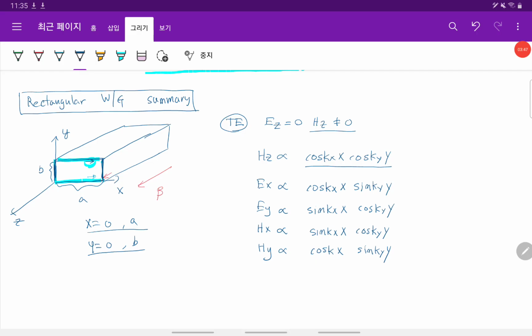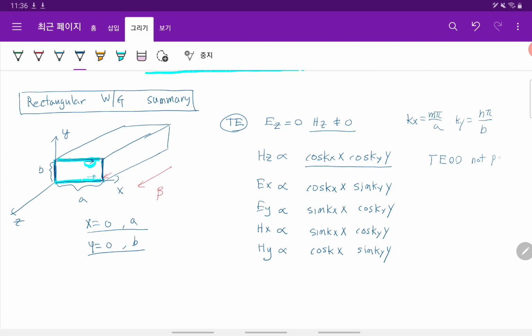So from here, TE00 is not possible, right? kx is m pi over a and ky is n pi over b, so TE00 means m and n are 0.